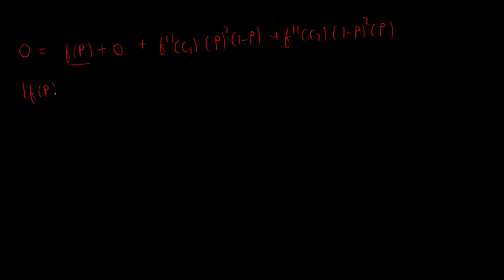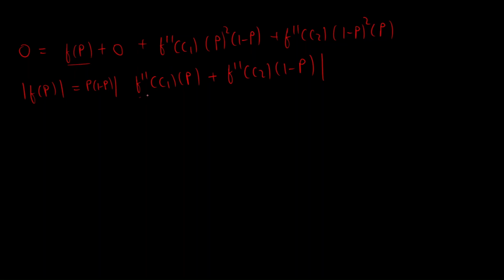Mod f of p is equal to mod of, I can take p into 1 minus p common. Since it is a positive quantity, I'll not put any absolute value. F double dash of c1 times p plus f double dash of c2 times 1 minus p.